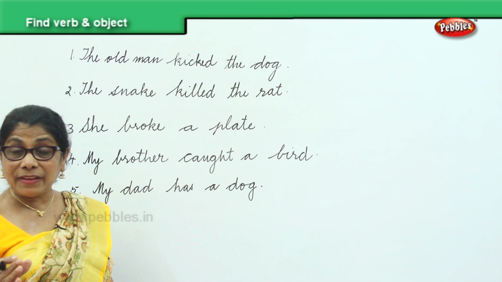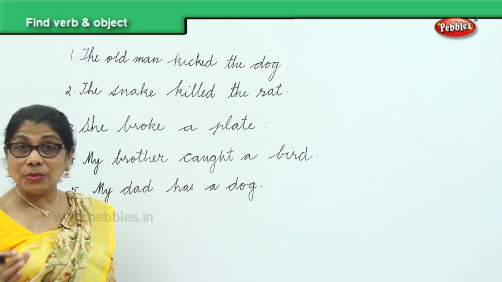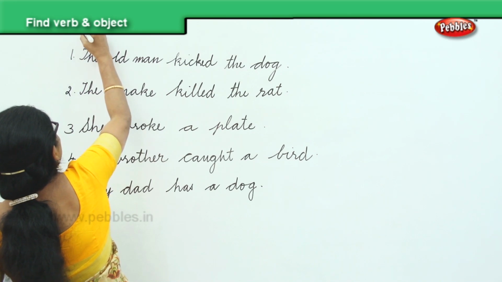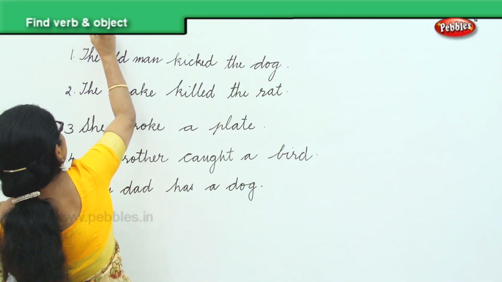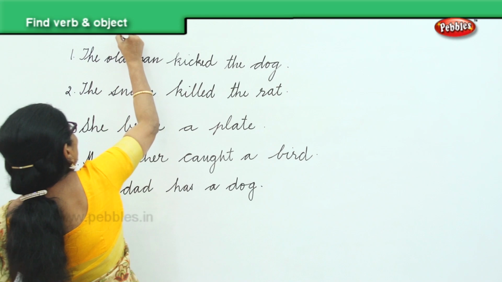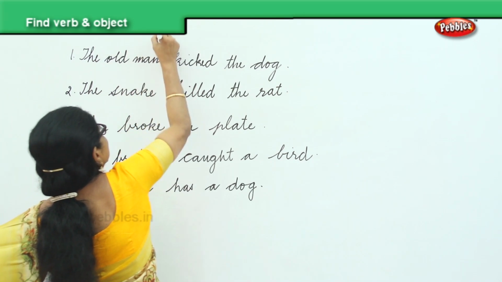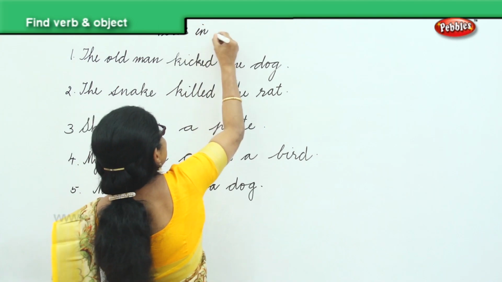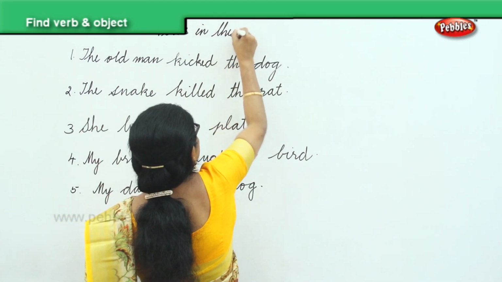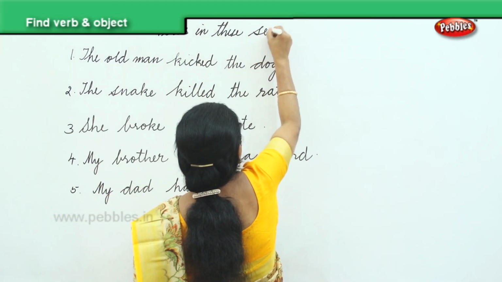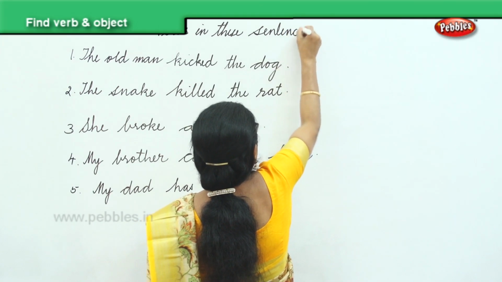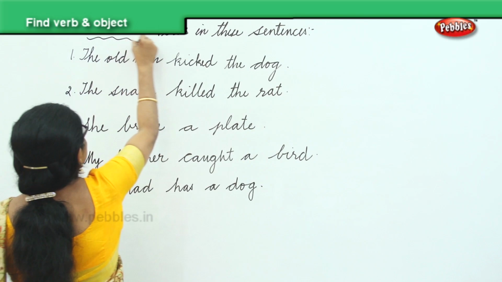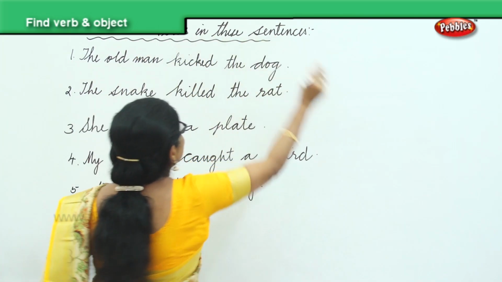Identify and circle the verbs in these sentences. So we have sentences here and we are supposed to circle the verbs.